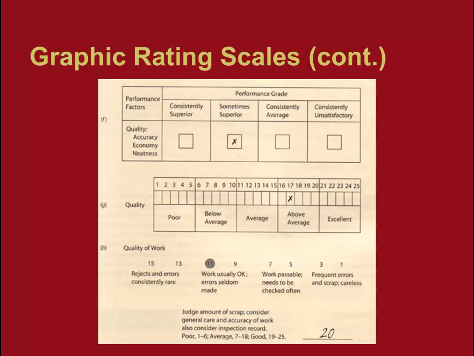We don't see it here, but a common flaw in many rating scales is that they ask the rater to judge a worker's traits rather than the worker's performance. Both industrial psychologists and counselors know that focusing on who the person is rather than the behavior they engage in is not the most helpful or even accurate way to provide feedback for developmental purposes. So it's important to structure these such that they focus on behavior and not on traits.